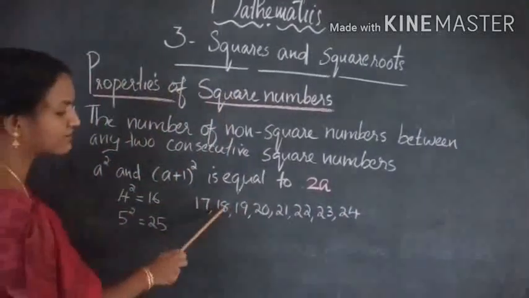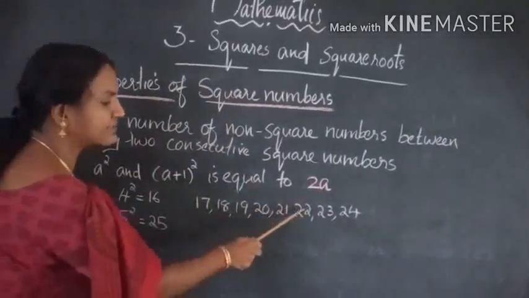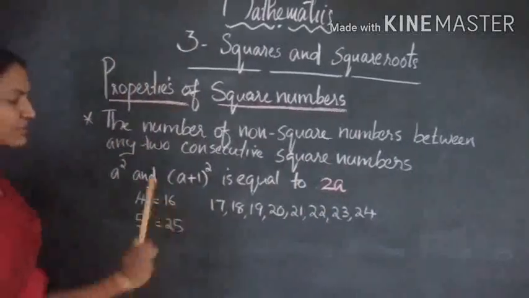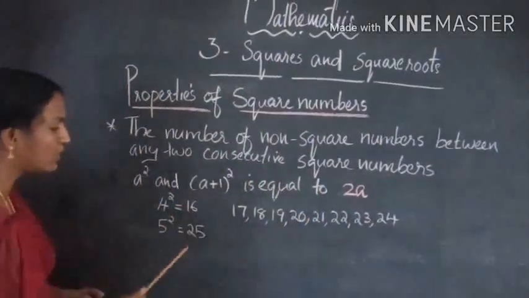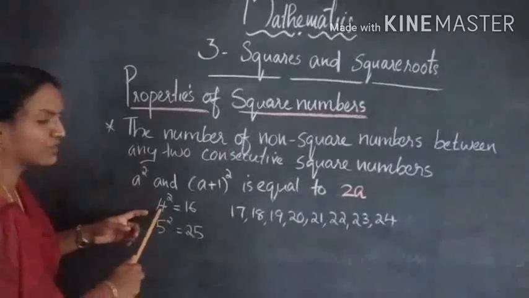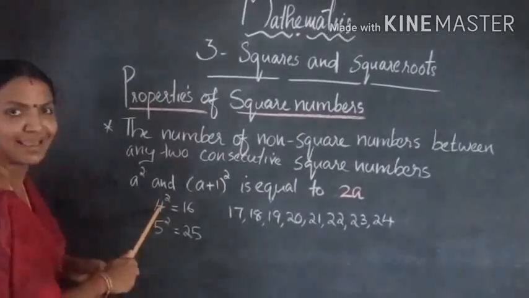Count. How many numbers? 1, 2, 3, 4, 5, 6, 7, 8. 8 numbers. So that is equal to 2 into the first number. 2 into the first number 4 is 8.